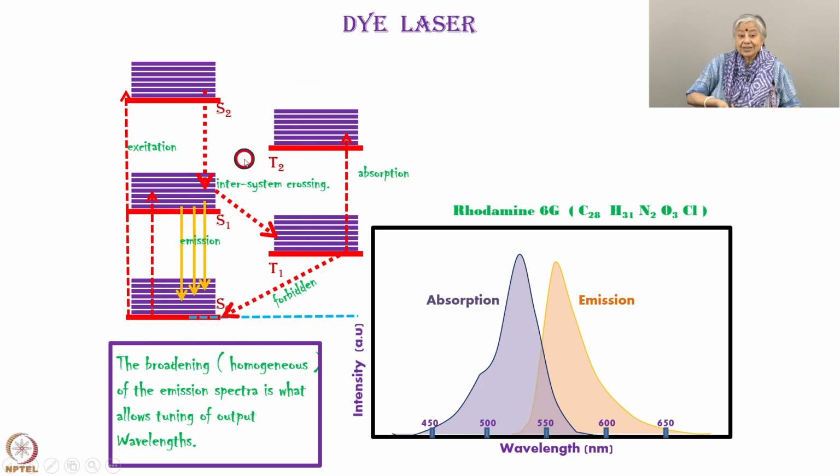Now, where do these electronic levels come from? The electronic level comes from the electrons which are hovering around this molecule. You have all these bond structures and there are so many electrons over there. And the energy levels of those electrons give rise to these energy levels here. So, this is called S0, this is S1, this is S2.